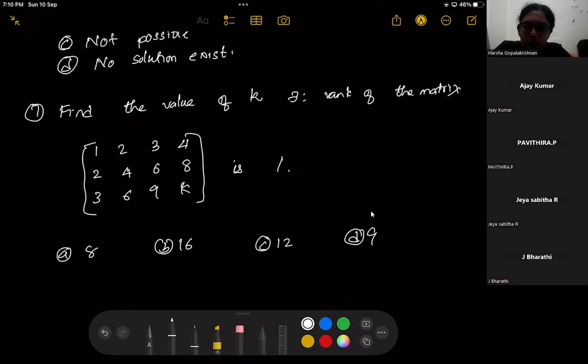Can anyone say what will be the value of K? 12, ma'am. Yes, option C, 12.